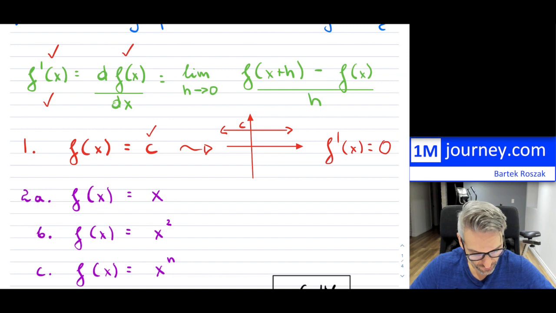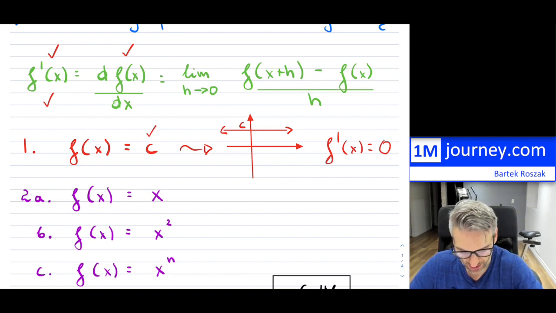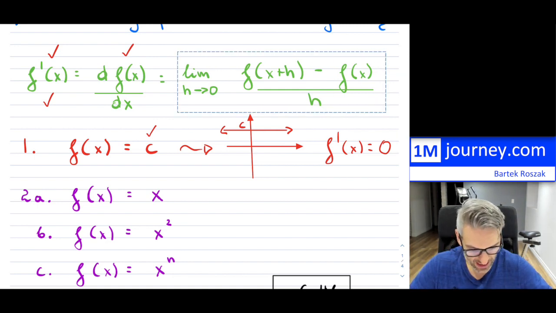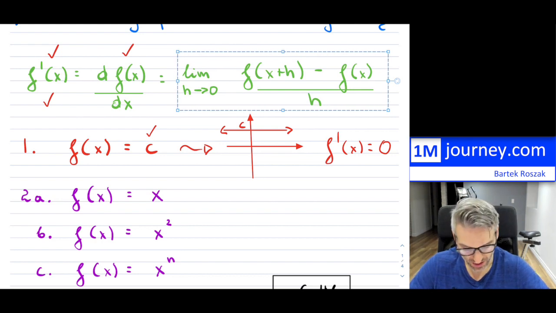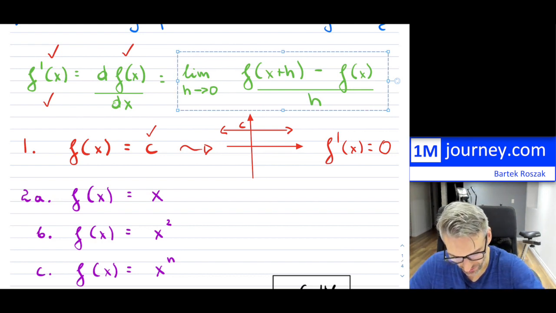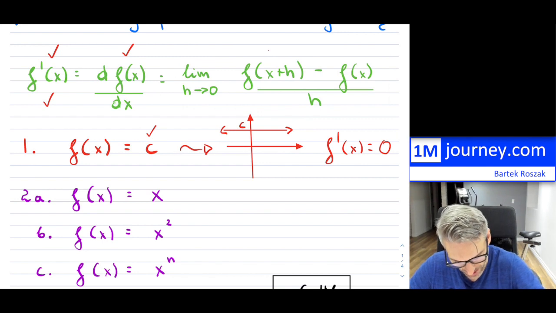Now, can you find this answer by substituting into this limit? Yes, you definitely can. You can find the limit both from the left-hand side and the right-hand side if necessary, and then you can find out what it is. But it's actually not that hard, because if you substitute this back in here, you're going to get this term.